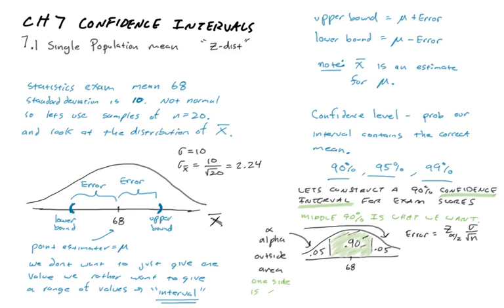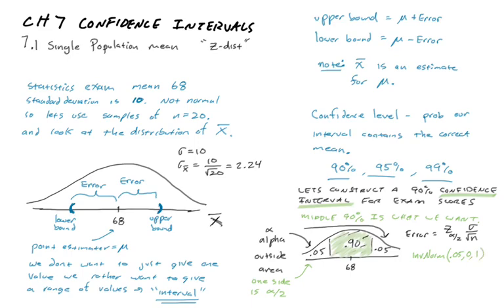So if one side is alpha half there, what we're trying to find is that Z-score cutoff, which means we know the area and we're working backwards. So we're going to use the inverse norm, and the area to the left of that first marker is 0.05.